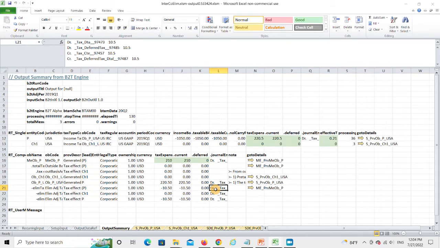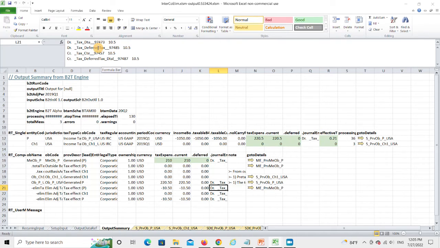The effects of the elimination entries are in fact to reclass deferred tax, the DTA, into deferred tax accounts, and reclass the current tax expense into deferred tax.